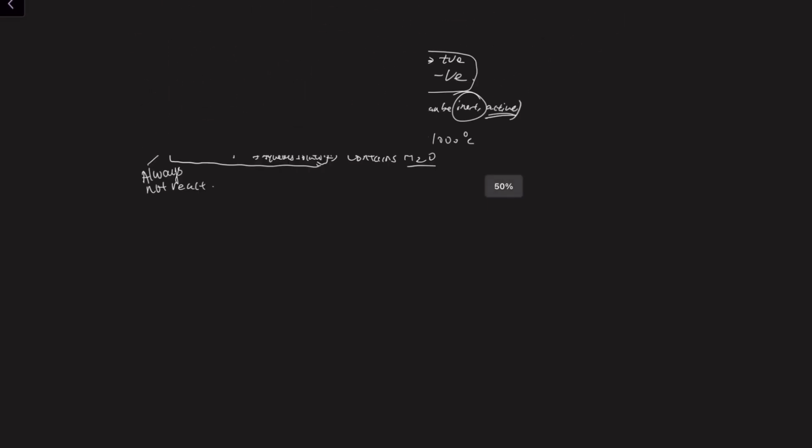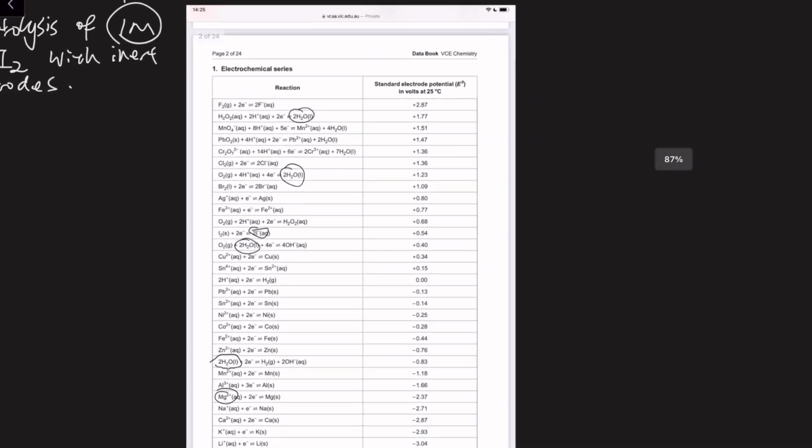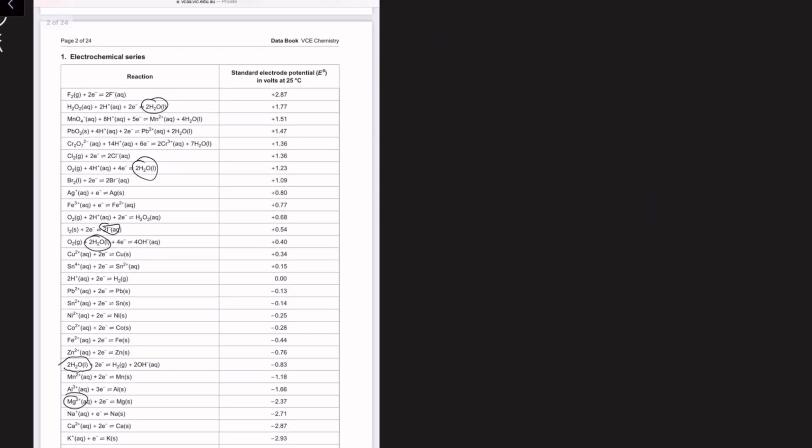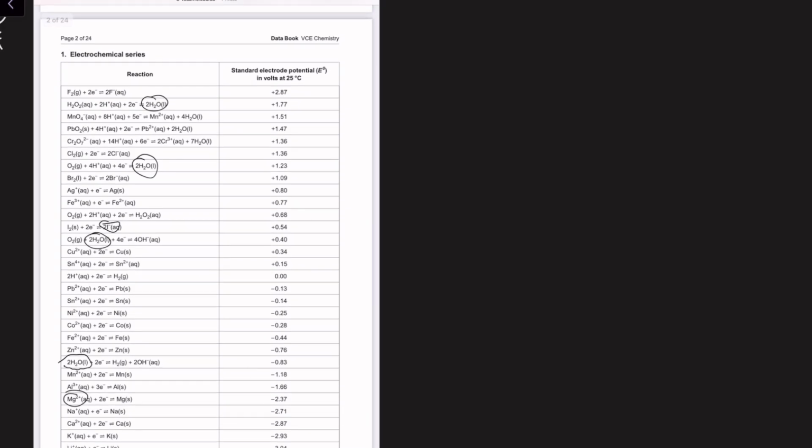Now let's move on to the very fun part: predicting the product of an electrolytic cell. Again, this is your very good friend, the electrochemical series, a very important piece of information in your data book. It is even numbered as 1, so it must be very important.